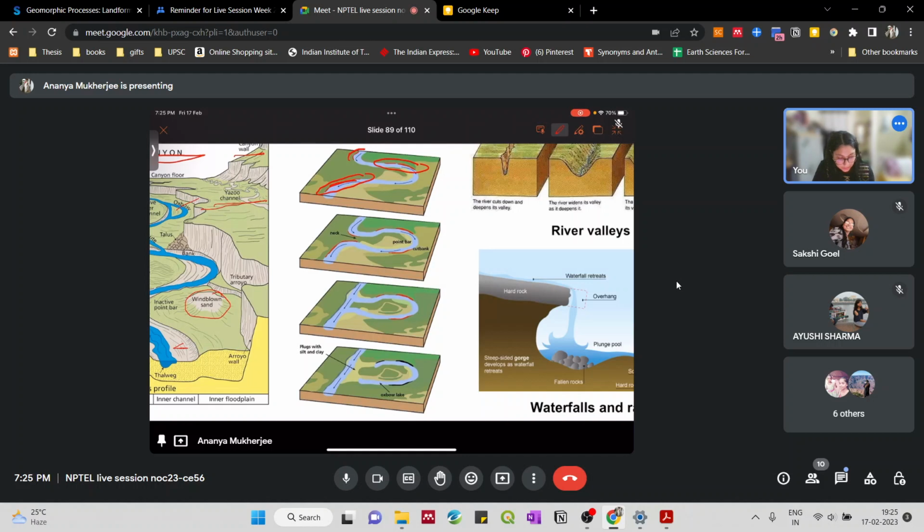Over here you can see that the point bars are forming in the inner curve of the river channel or the meander. At first the erosion was here, now the erosion is moving over here.